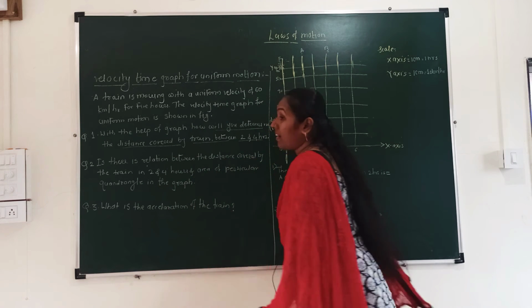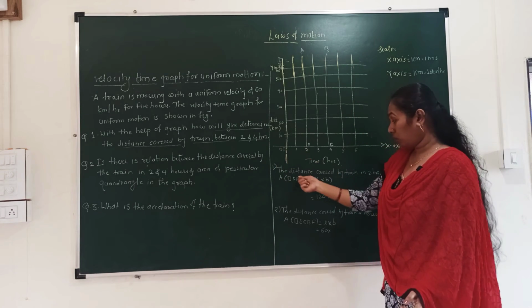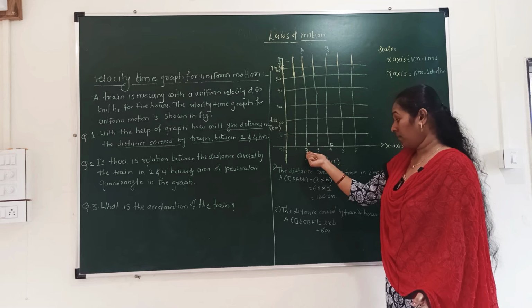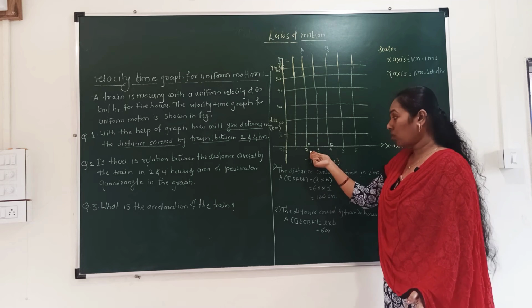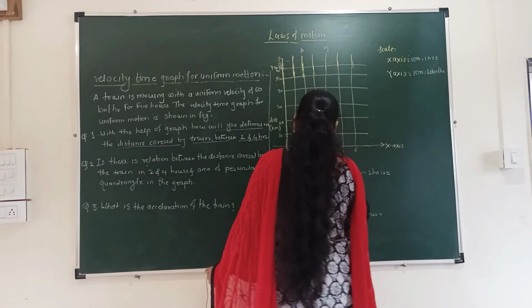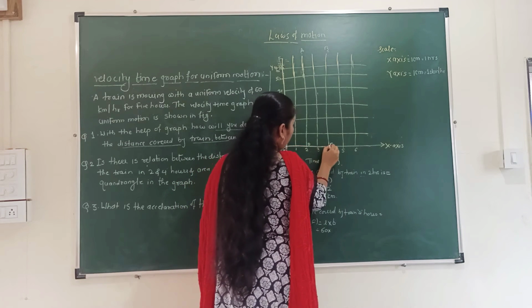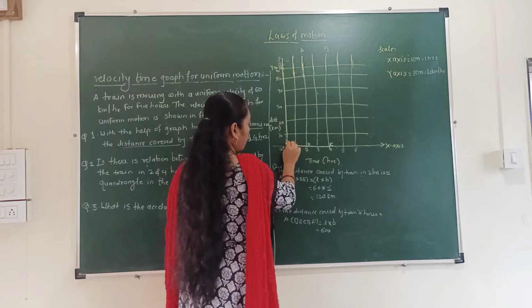And what about the breadth? For 2 hours we take the breadth here as 2 hours, and for 4 hours here is the distance. This is the breadth.